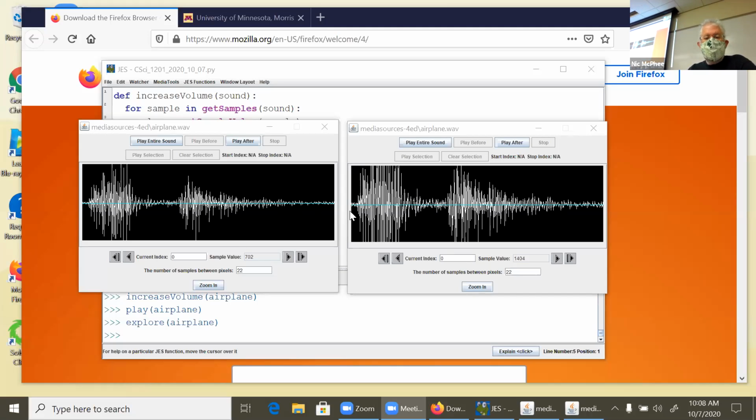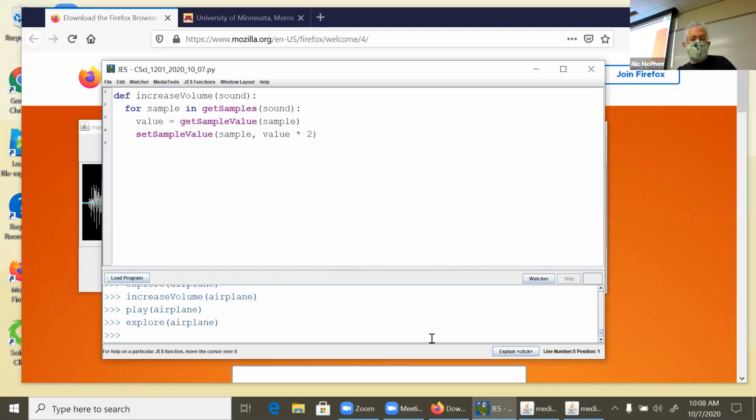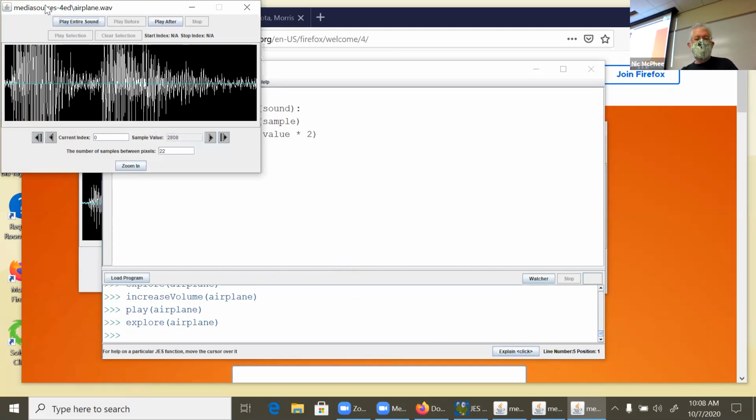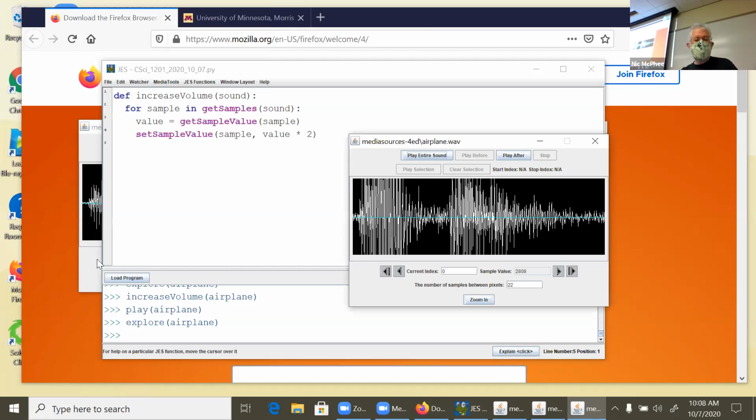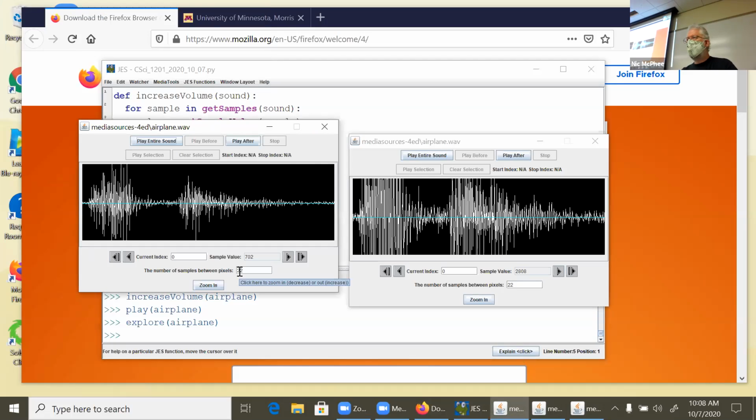The quiet areas have become much more pronounced than they were before, okay? Let's just do it again because it's fun. Okay, right, and now we're getting very jaggedy compared to before, and we can just keep going.